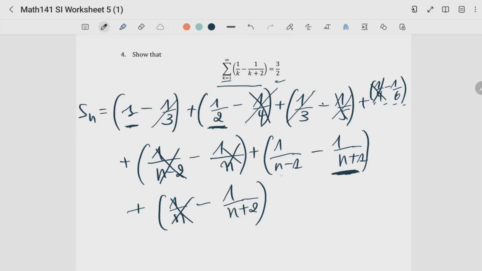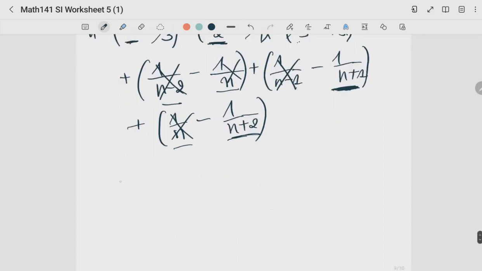This term will be cancelled with the term two terms before, so this one will be cancelled. Same with this, which was cancelled with that. This one as well, the two terms before that. And this will be left as well. So the sum will therefore be 1 plus 1 over 2 minus 1 over n plus 1 minus 1 over n plus 2. Right? So that is what our sum would look like.